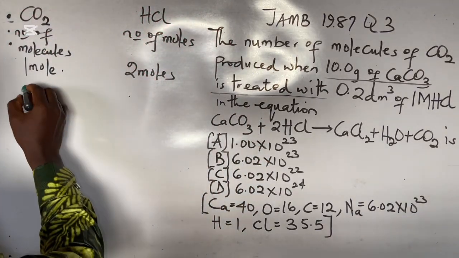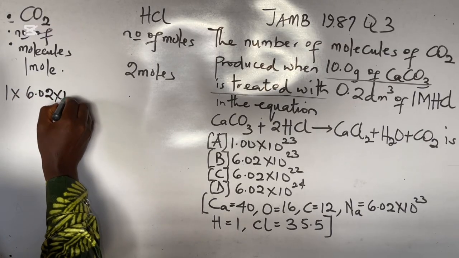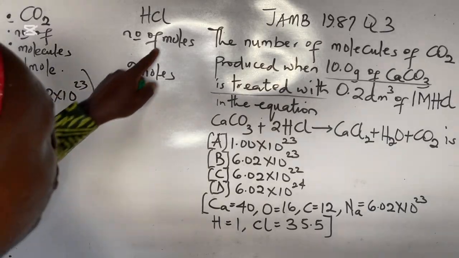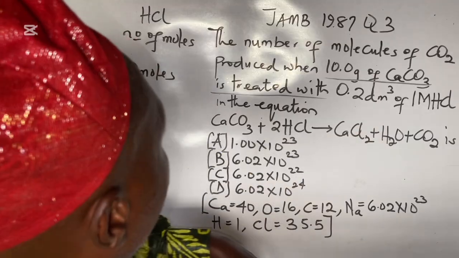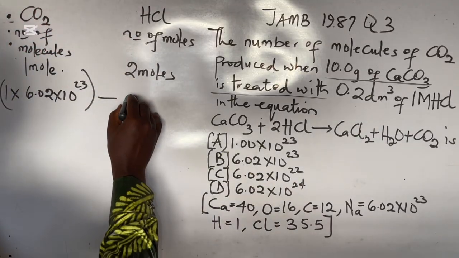So we have 1 times 6.02 times 10 raised to the power 23 gives 2 moles of HCl. The moles of HCl in the equation is 2 moles.